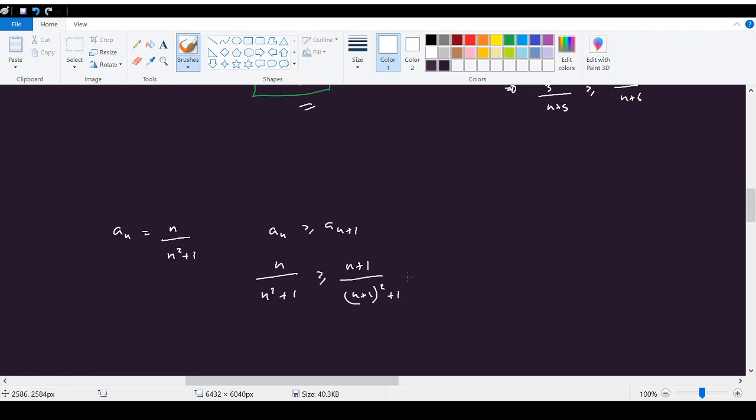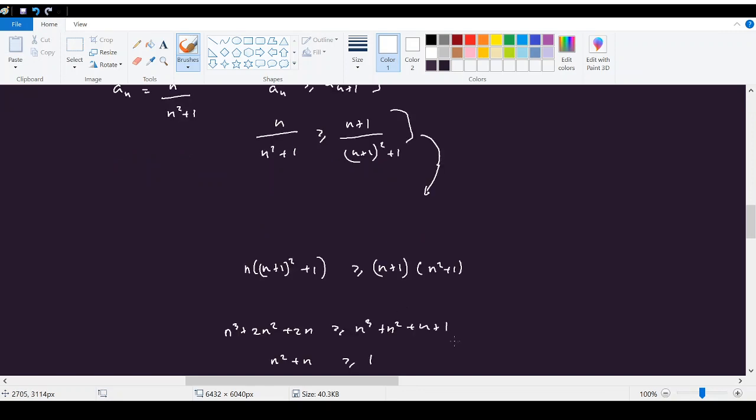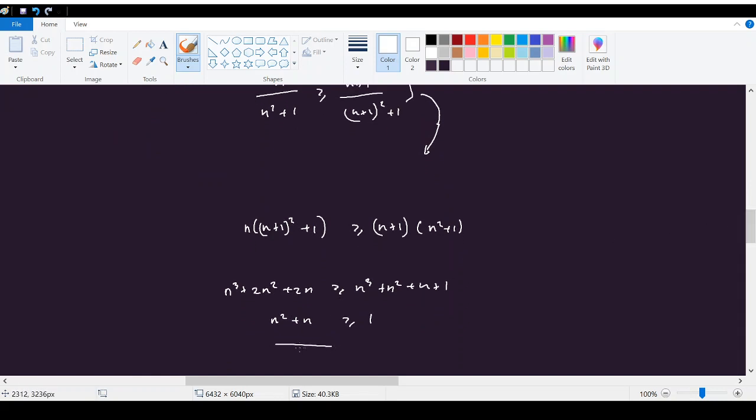Now we need to prove this one, and to do that, you can use back calculation. In order to prove this one, we will need this one. And what do we need to have to prove this one? We just take a step back, right? We can cross multiply it and carry out the calculation as before. And if you do the calculation correctly, you will end up with this result.